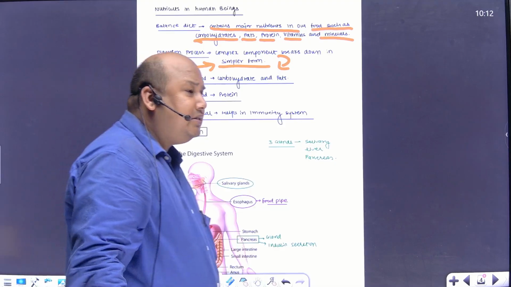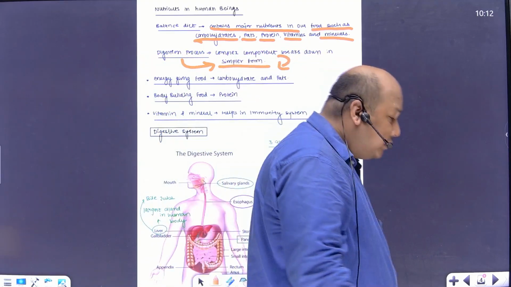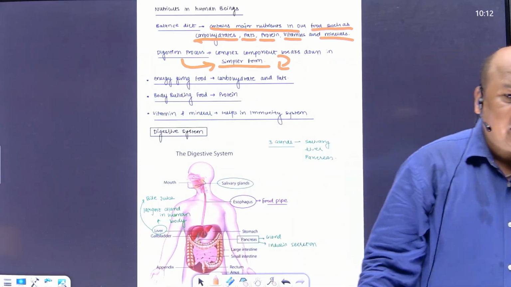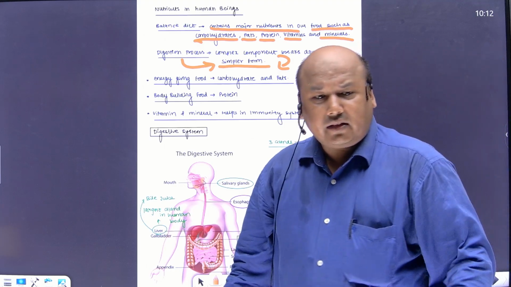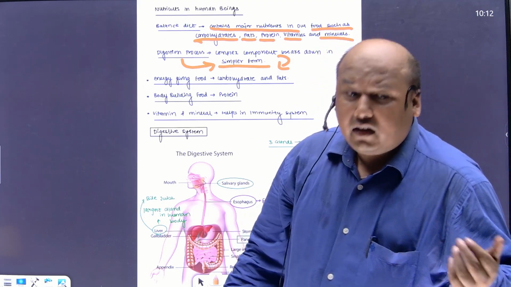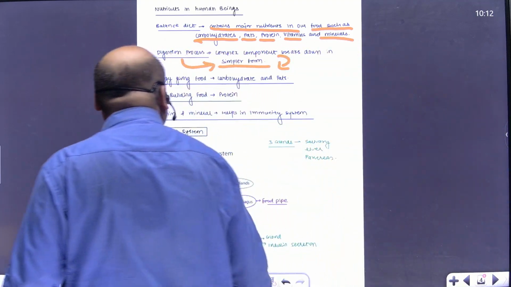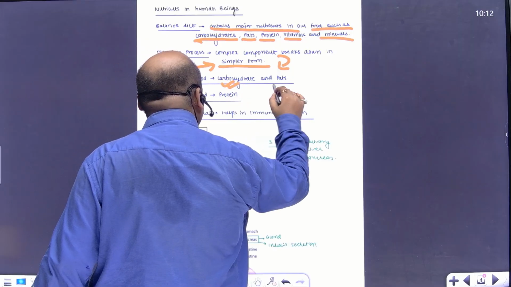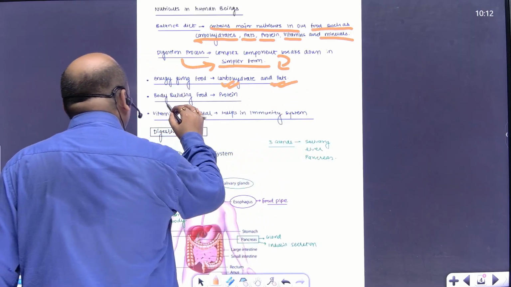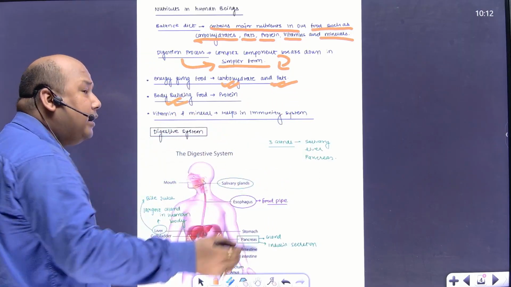Now we talk about energy giving foods. What are energy giving foods? Those things which provide us energy are called energy giving foods. They contain carbohydrates and fats. Bodybuilding foods. What is bodybuilding?